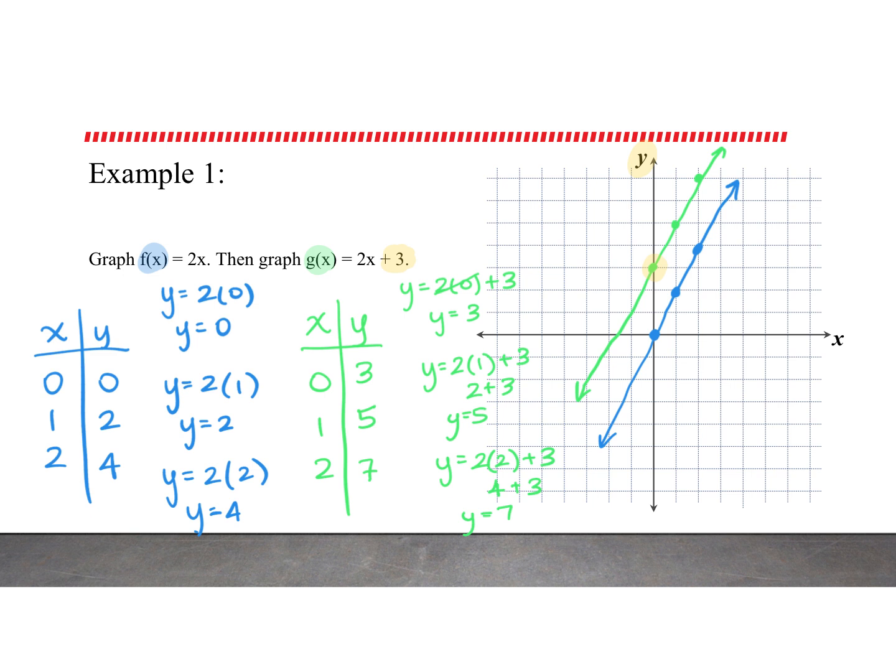And for our f of x function, there was no plus or minus a number without a variable. And so that would be like having a plus 0. So that was then the y-intercept for that equation.